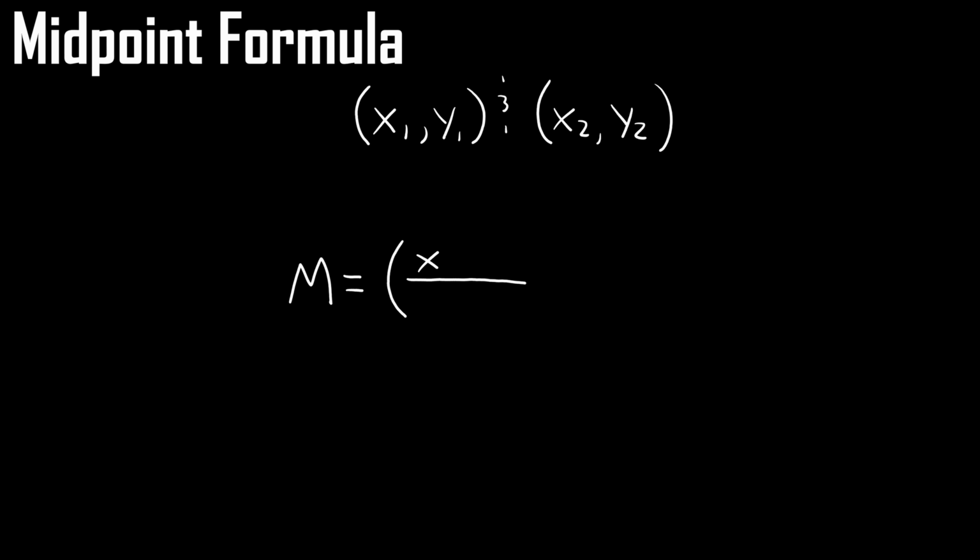So for the points x1, y1, and x2, y2, the formula is m equals the point x1 plus x2 over 2, comma, y1 plus y2 over 2.